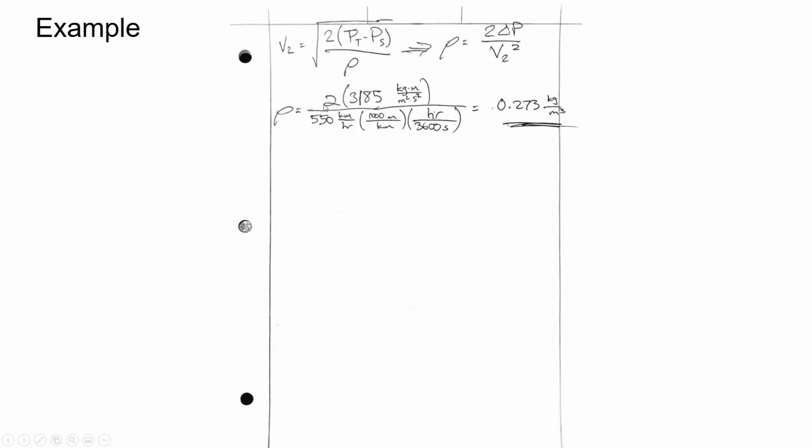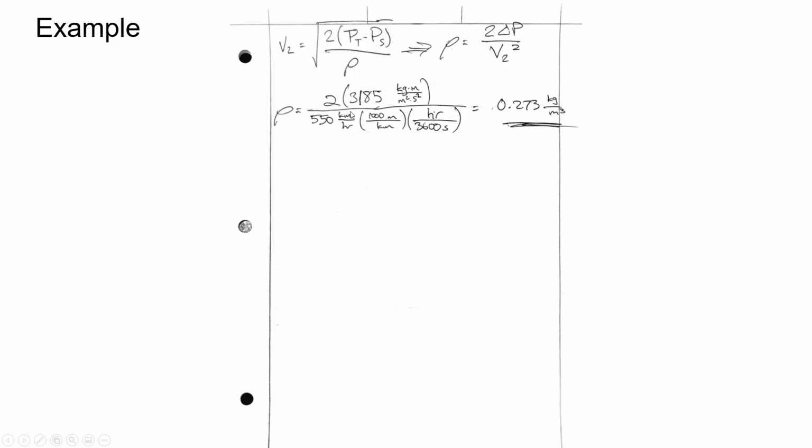We're after this density, so we need to rearrange, square the velocity, but flip these with each other. So we get this equation. We plug in the change in pressure we just calculated. We were told that was 3,185 pascals. So we convert the pascals to newtons per meter squared, and then the newtons to kilograms times meter per second squared.